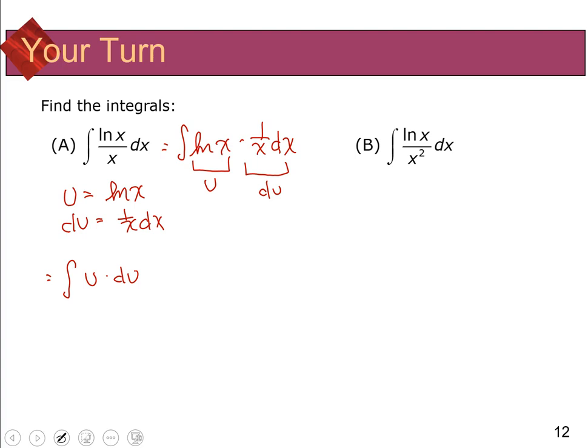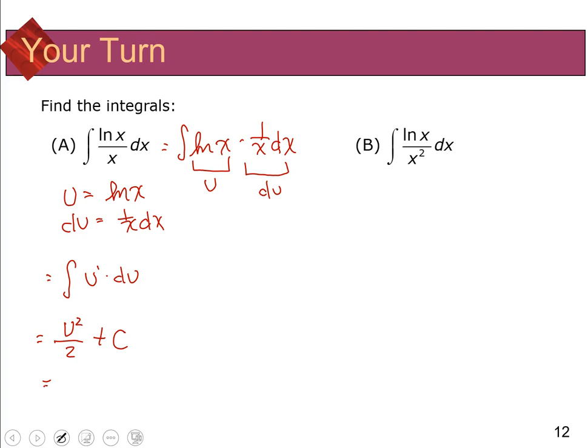Well, if I integrate u, there's a 1 power here, so I'm going to add 1 to that power and divide by the new power. I can put a plus c there. Then I have to go back to being in terms of x, since it's not a definite integral.